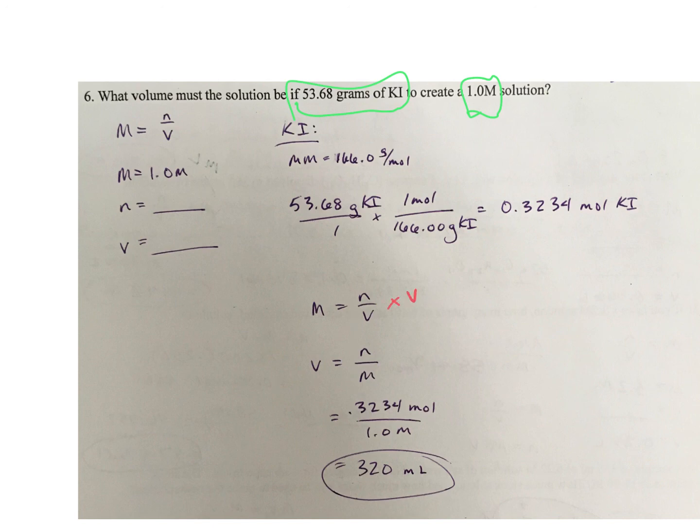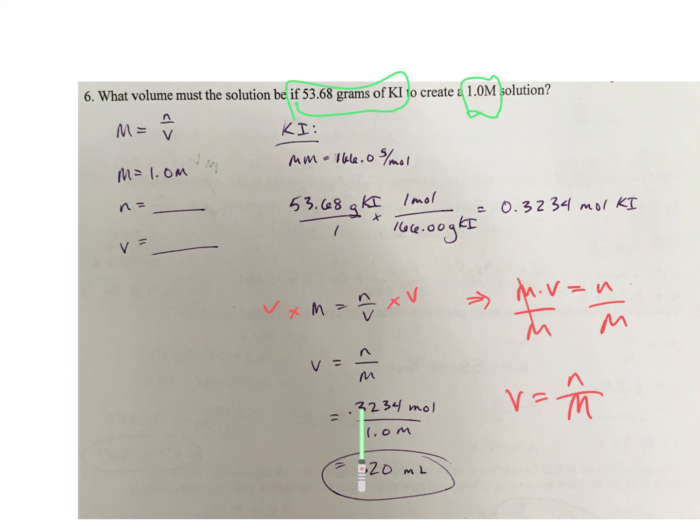To get V by itself, you have to multiply both sides by V. That means M times V is equal to N. And then to get V by itself, you have to divide both sides by M. So that means that V is equal to N over molarity, capital M. That's the rearrangement that you need to do correctly, so your algebra is important here.